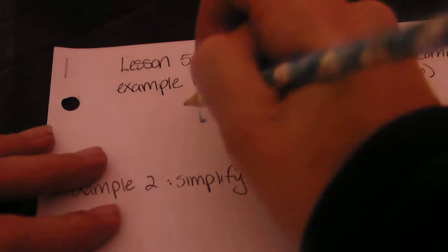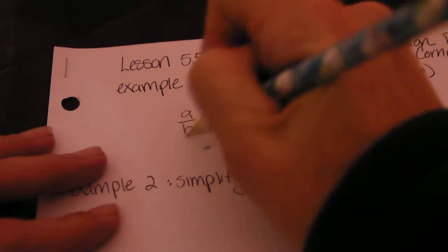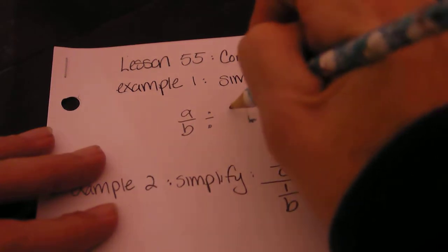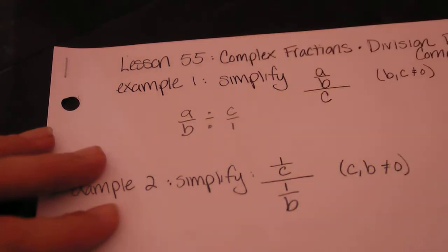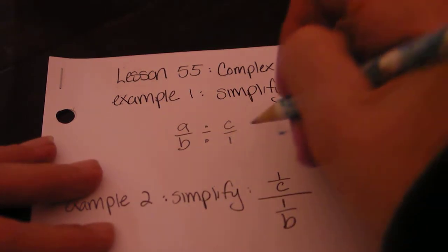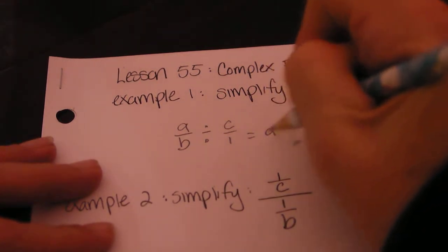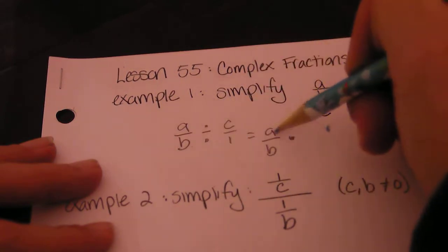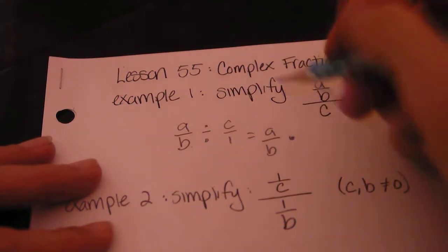Okay, so what we're doing is A over B divided by basically C over 1, right guys? When we divide fractions, we change it to a multiplication problem. Remember, we don't do anything to the first fraction, that always stays the same.